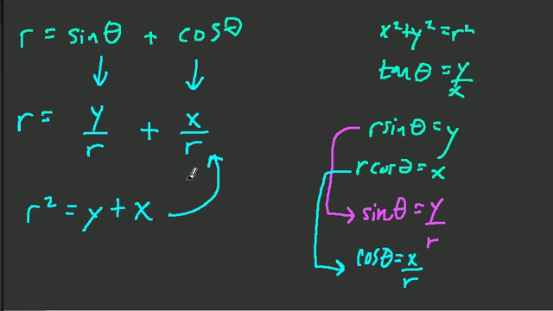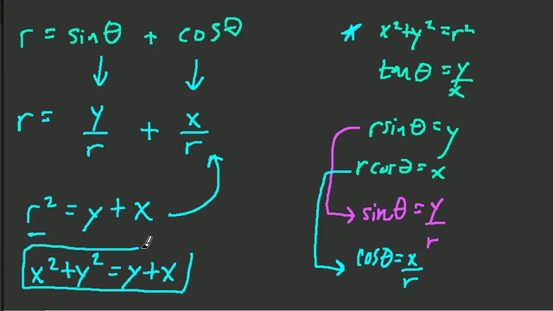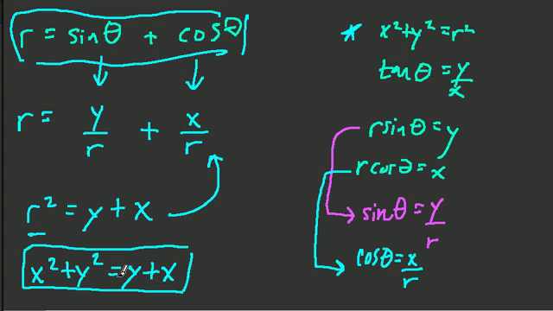And in fact, use this part of your toolbox, which is that r squared equals x squared plus y squared. That's what r squared is. I'm just rewriting that. And that equals y plus x. We can rewrite this in different ways, but our goal was to rewrite this polar function into a function of x and y. And here are x's and y's. We've done that.